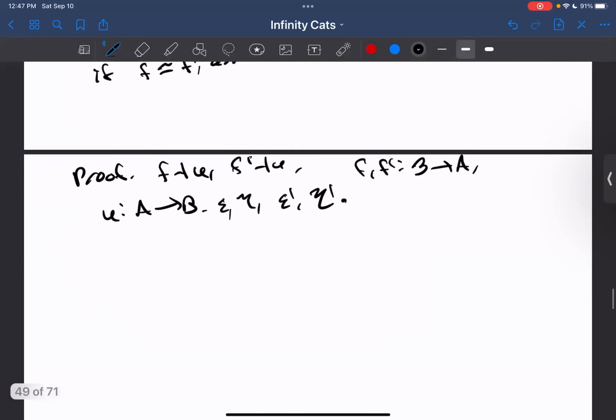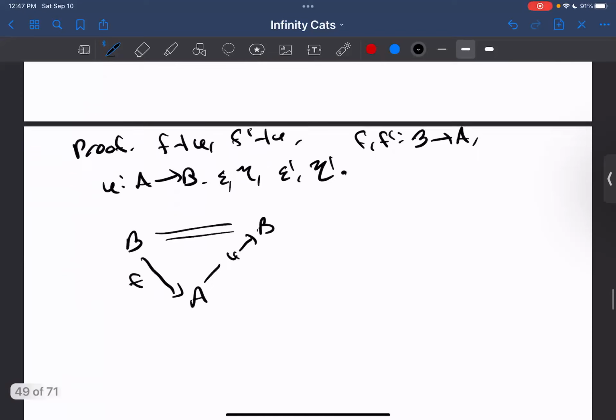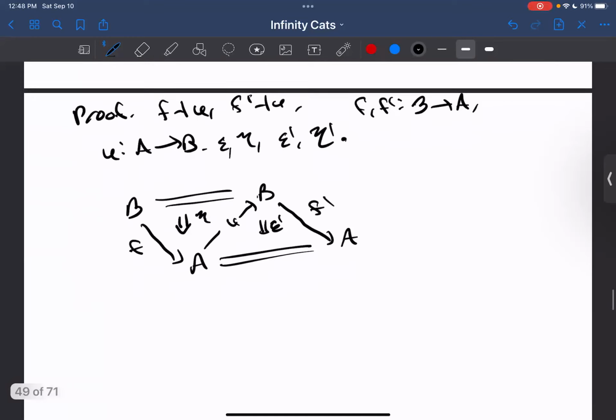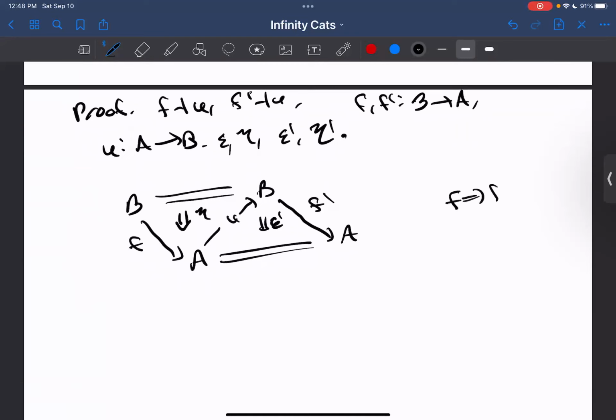And we can form the morphism from F to F prime by looking at B goes down by F to A. We can take this up by U back to B. And then here we're going to take this back down by F prime to A. And here, this is going to be eta, we said, and this one is going to be epsilon prime. So this gives a morphism from F to F prime.